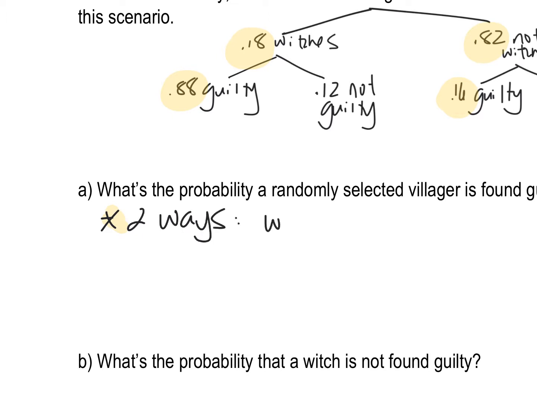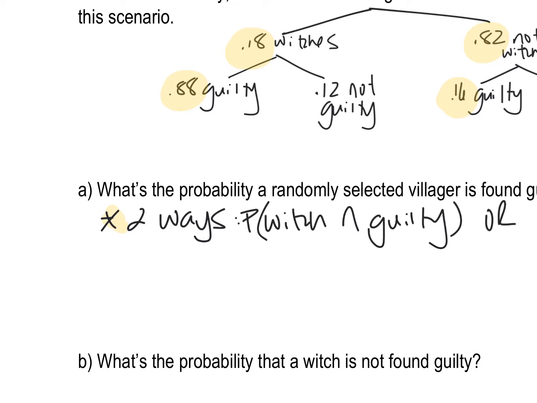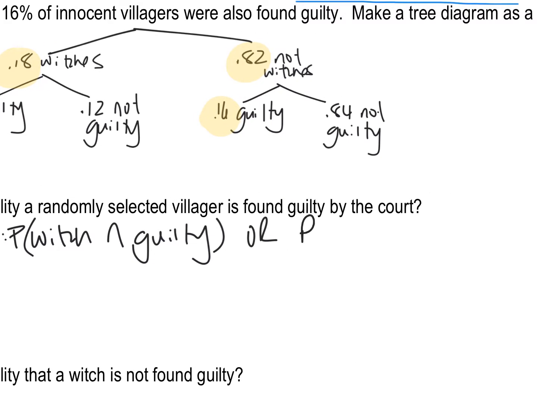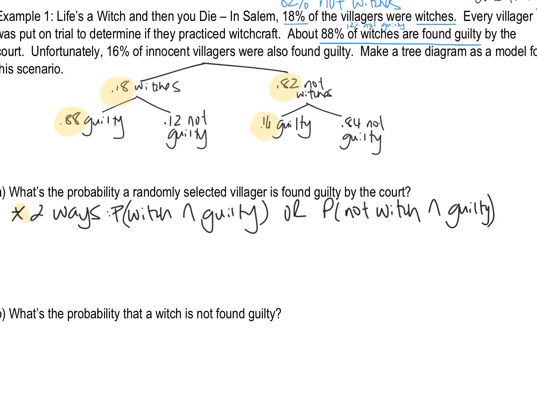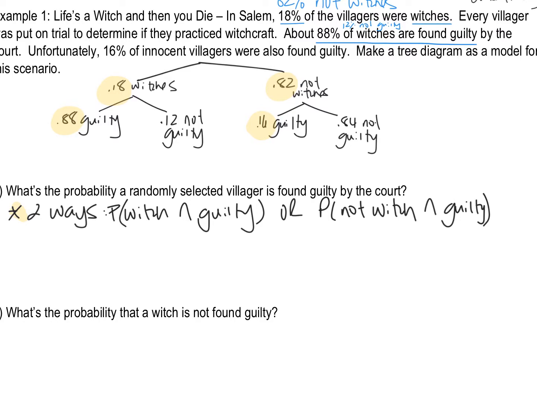You could be a witch and guilty. And there is a probability for doing that. Or, which means plus, as you know, you could be not a witch, but also still be found guilty if you're put on trial. Okay, so those are the two ways to be found guilty.